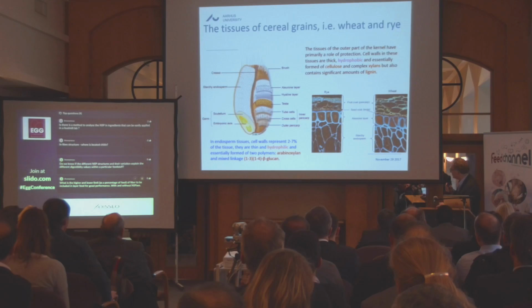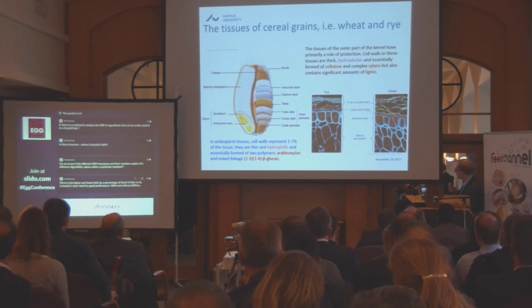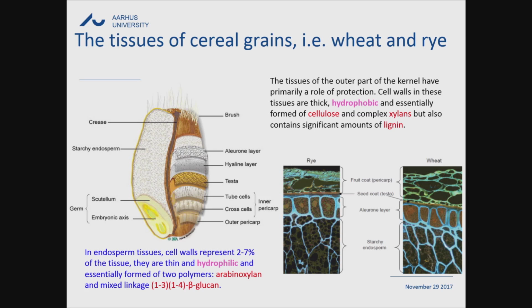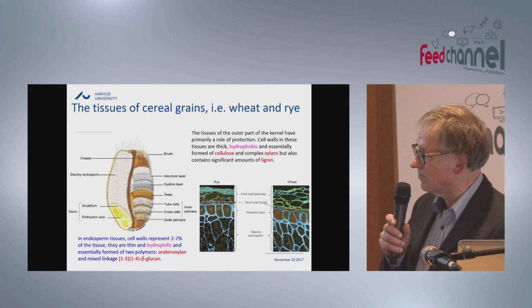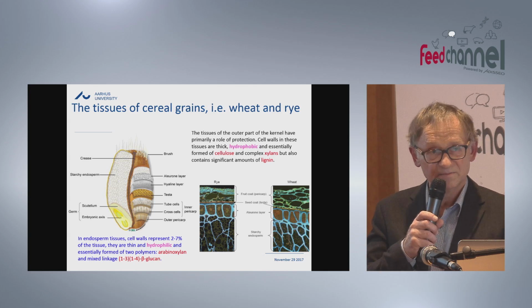In contrast, when you're looking at the cell walls in the endosperm, which makes up this part, and you have the aleurone cells which are somewhat in between, these cell walls are relatively thin and hydrophilic, and they essentially are formed of arabinoxylans and also mixed-linked beta-glucans.